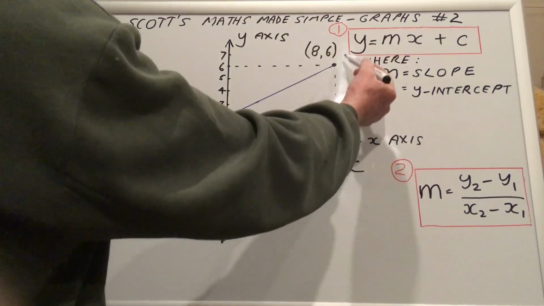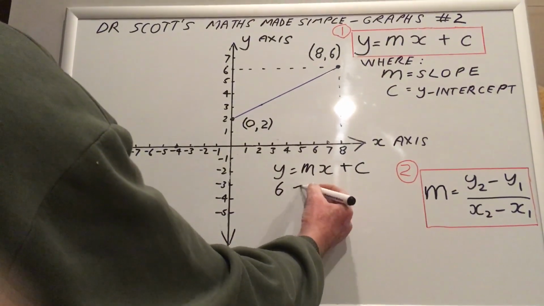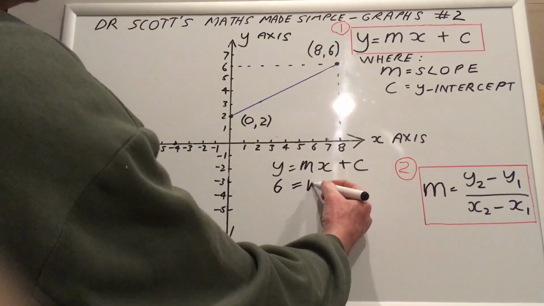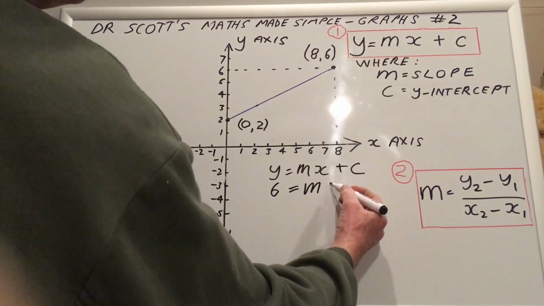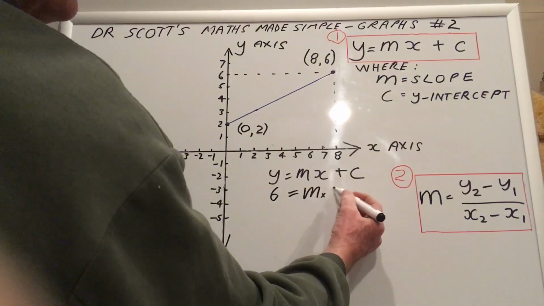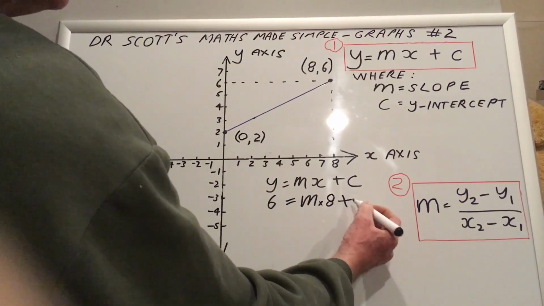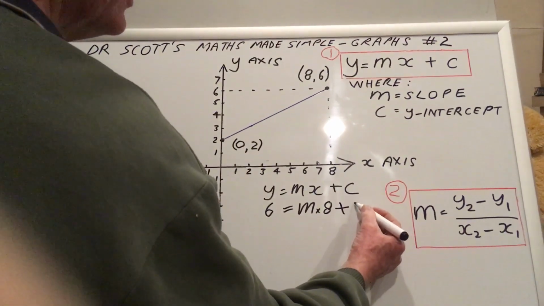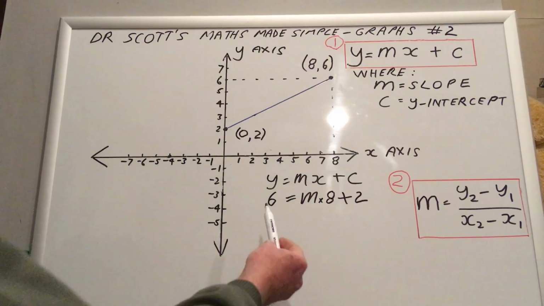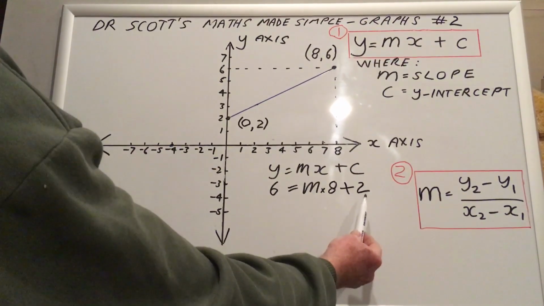So the y is 6. m we don't know. x is 8, so m times 8, plus c. c in this case is 2, the y-intercept. So plus 2. So we have 6 equals 8m plus 2.